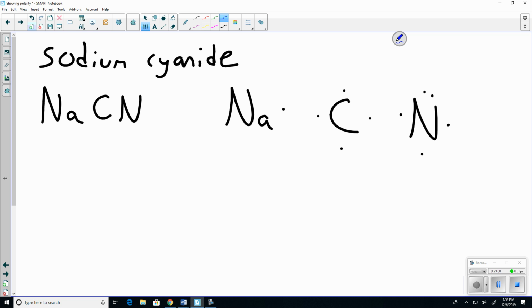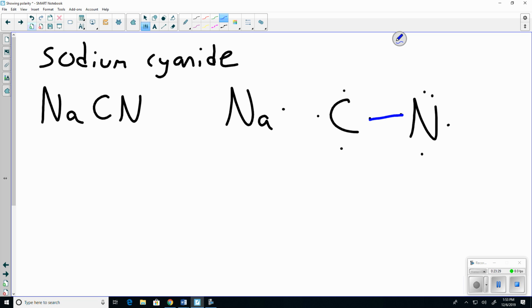Which 2 elements of the 3 here should I draw a line between to show a covalent bond? The C and the N, carbon and the nitrogen, the 2 nonmetals. Remember, that line now means there's 2 electrons that can be shared between the carbon and the nitrogen in order to get it to the octet.